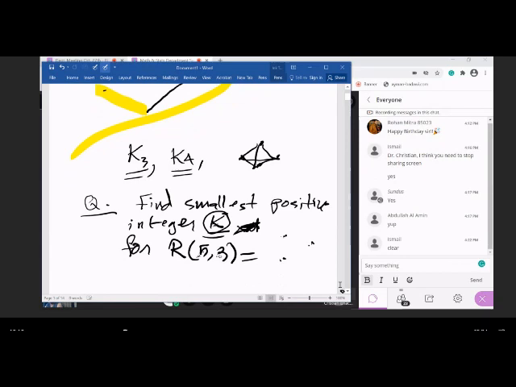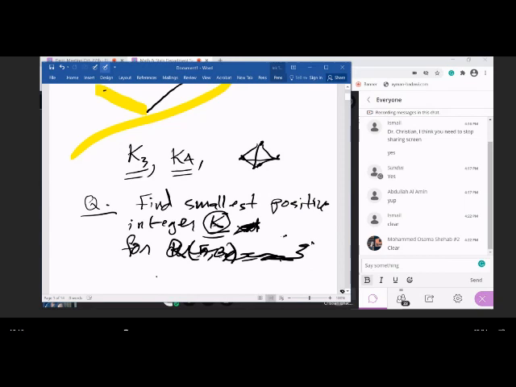So let me ask the same question, but with different numbers, like R(3, 3). What is R(3, 3)? I want to know the smallest positive integer k, how many should be in the group so that there are at least 3 persons where every 2 know each other, or there are 3 persons, none of whom know the others.